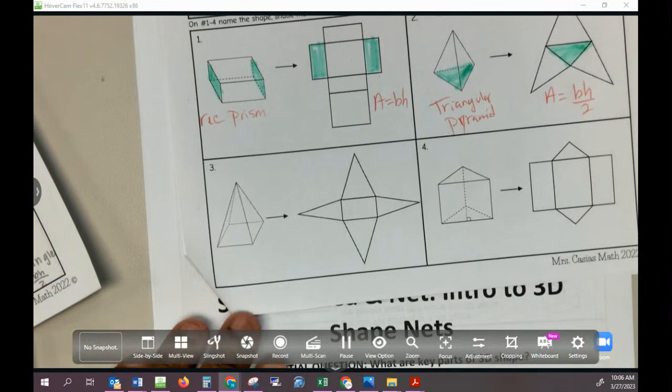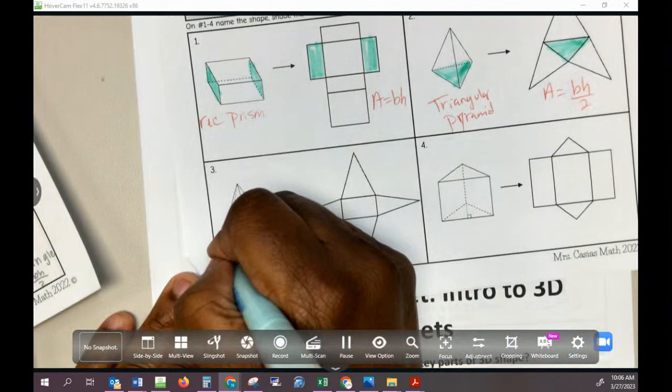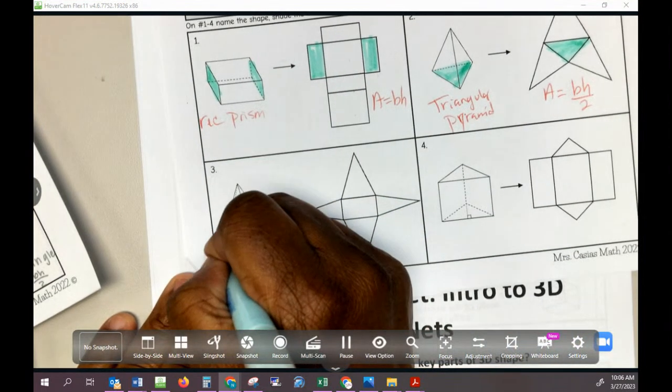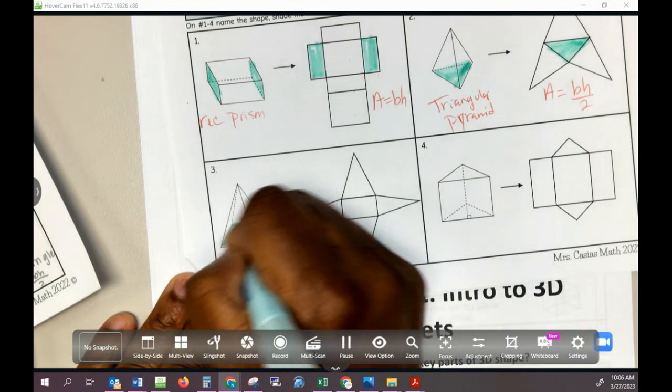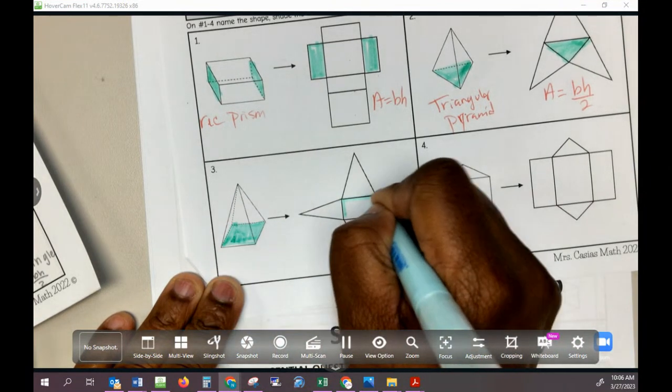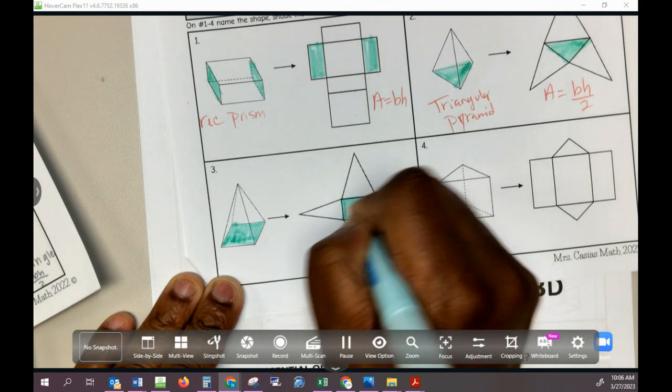And then here at 3, this is a rectangular pyramid. So my base is in the middle. So my base is also in the middle here.